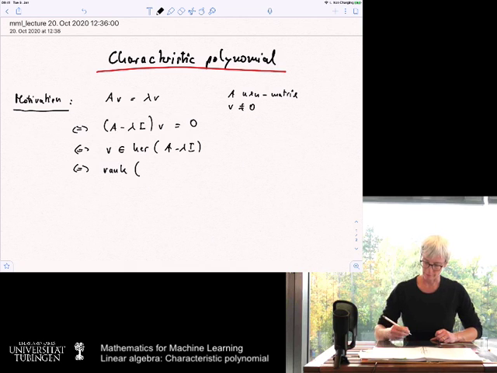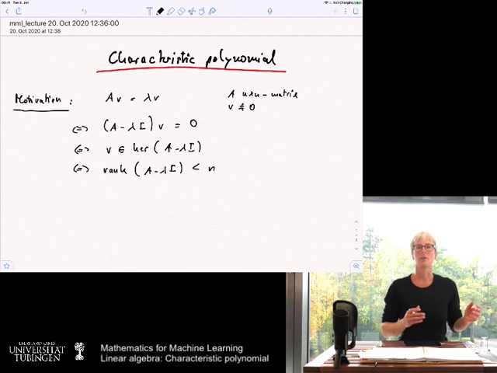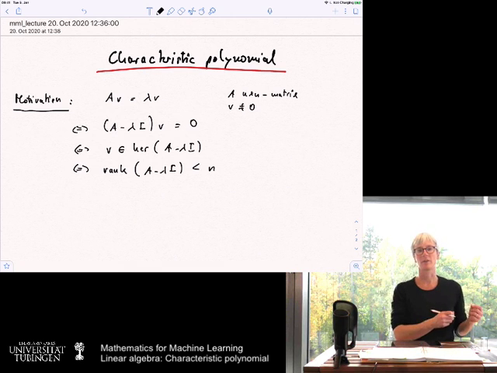The rank of A minus lambda identity must be strictly smaller than n. If you don't see why, think about the theorem that said that we can always find a basis of our original space in terms of the pre-images of a basis of the range, plus the basis of the kernel.